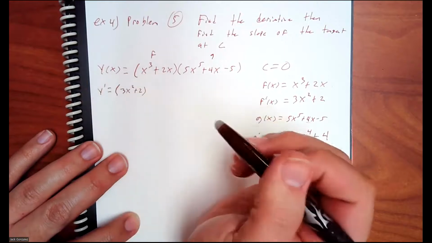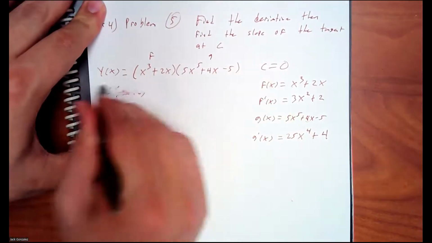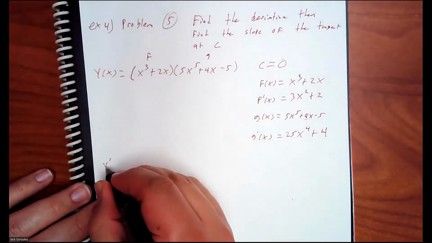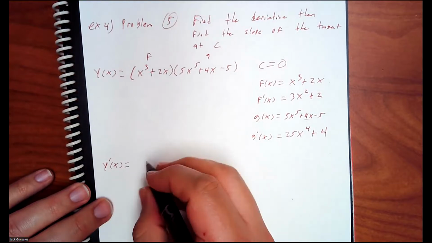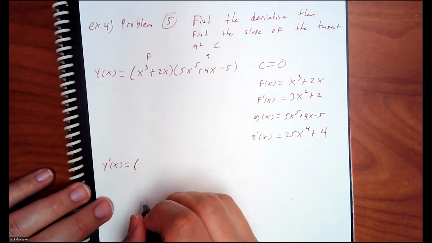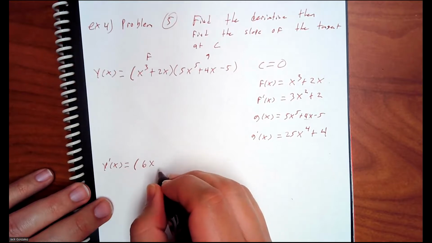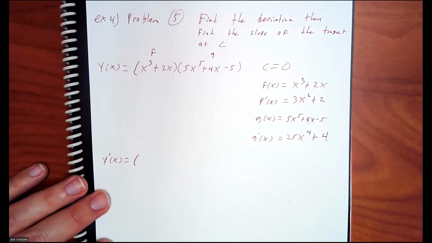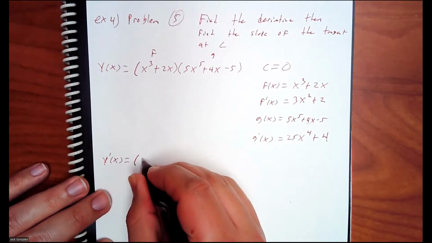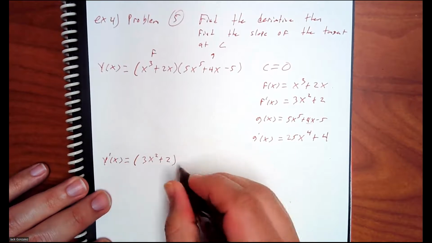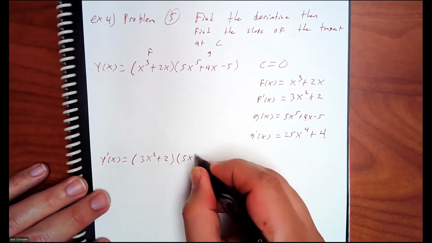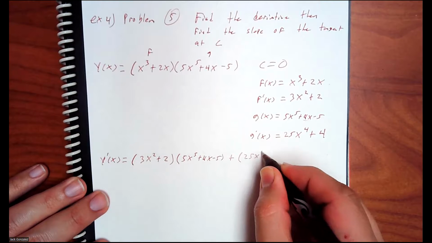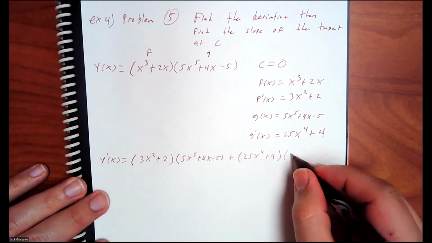I don't think I have space, so I'm going to move it down. f prime, derivative of f, will be 3x squared plus 2 times g, so 5x to the 5th plus 4x minus 5, plus g prime times f.